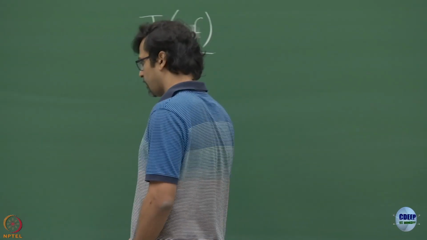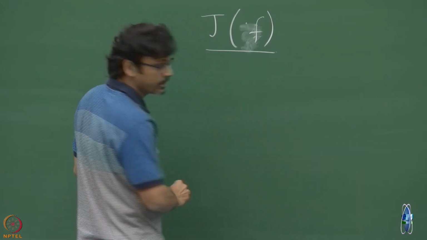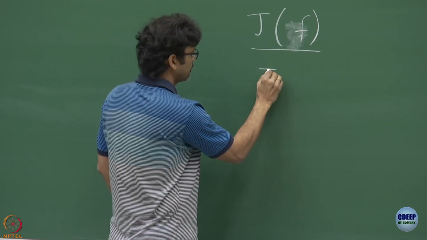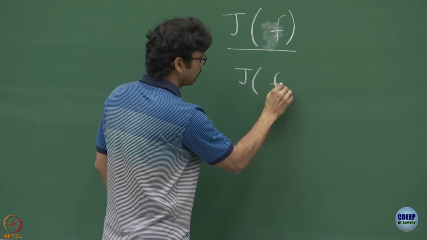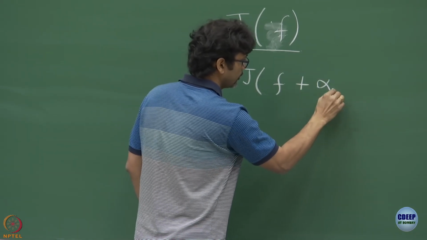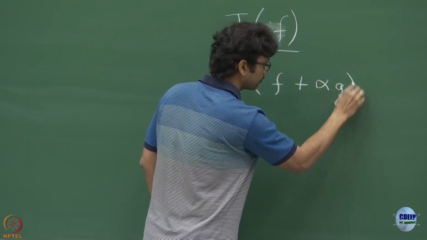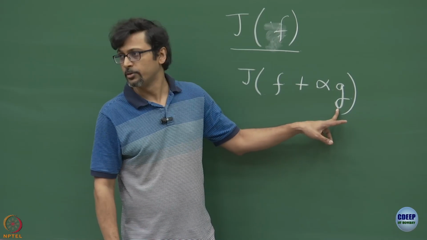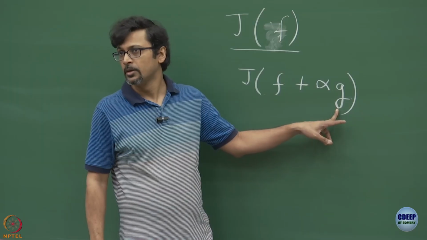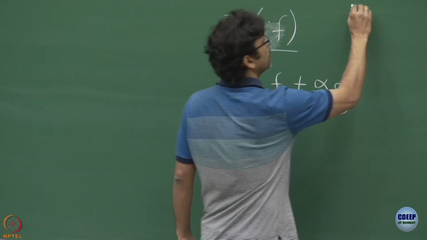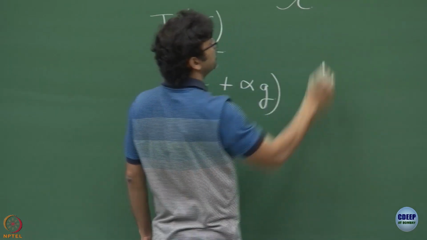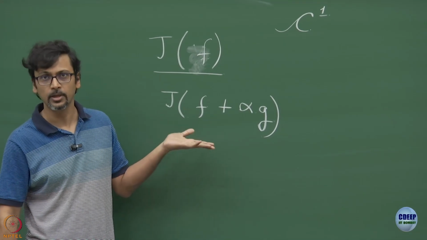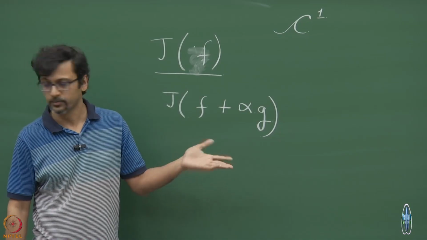So let's, for example, try the same trick that we did earlier in finite dimensional cases. Okay, let's consider another continuously differentiable function g. We'll be considering mostly these kind of functions, on which the functional is acting to lead to a scalar at the end of the day.